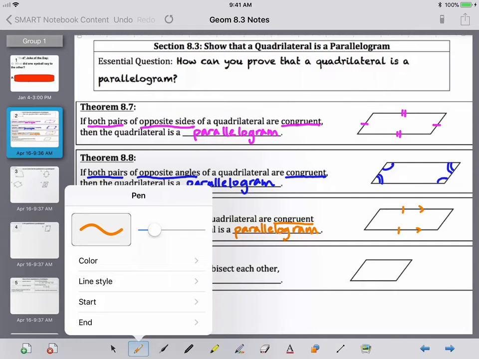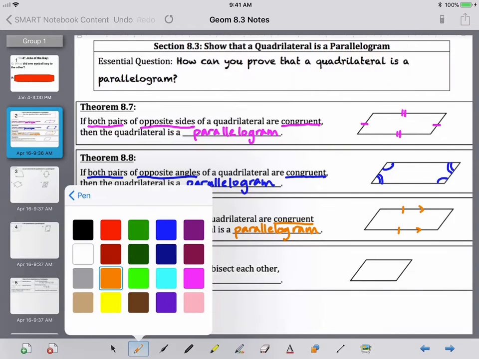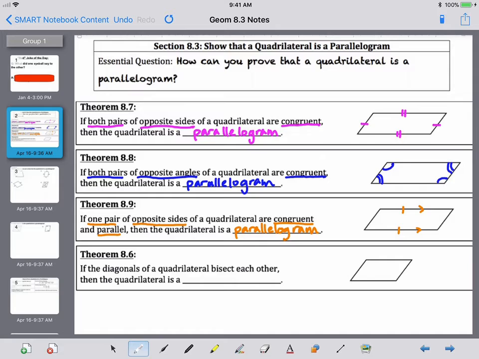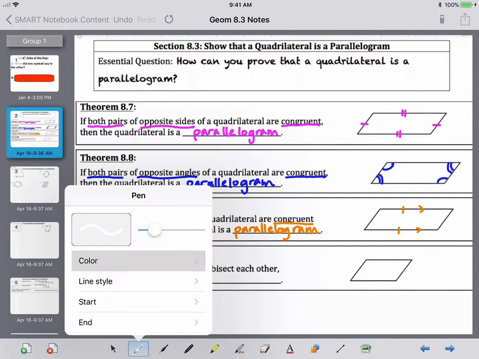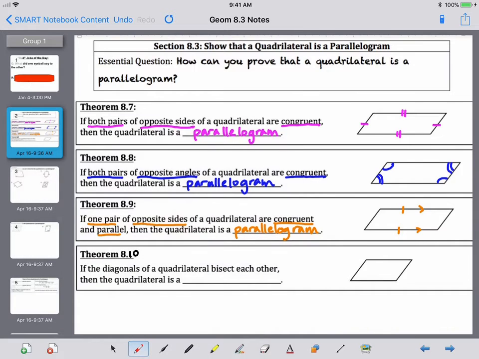Theorem 8.10, so there is actually a typo here, so if you guys could cross this out. This should say theorem 8.10, so I'm going to go ahead and erase this and rewrite 10 right there. Theorem 8.10 is dealing with the diagonals of a quadrilateral.